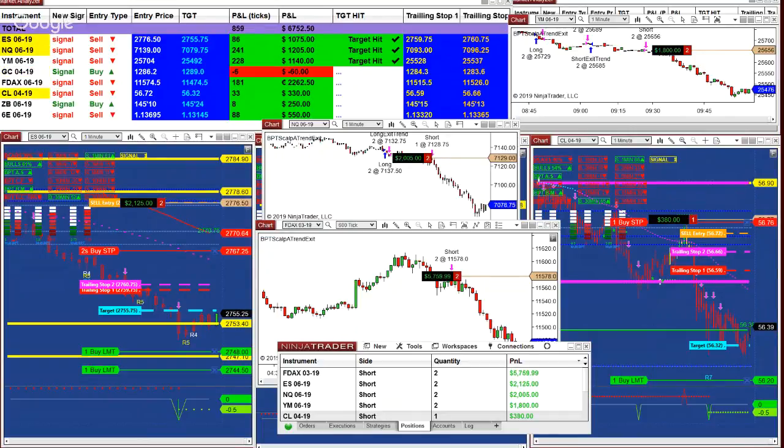It is extremely powerful. One of the things I'm very much against is using the Renko bars to trade with the trend, because they don't work.